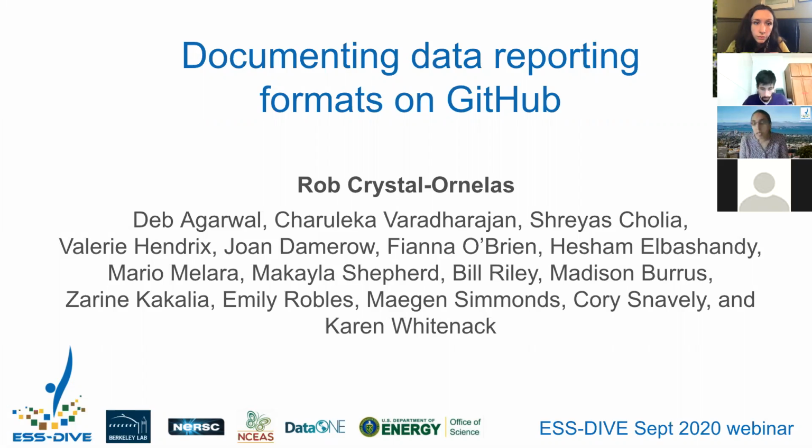So today, we're going to wrap up our data reporting formats webinar series where we're going to be talking about two different aspects. One, we have established a community GitHub where we have these data reporting formats now documented. It's publicly available for anybody to comment on.